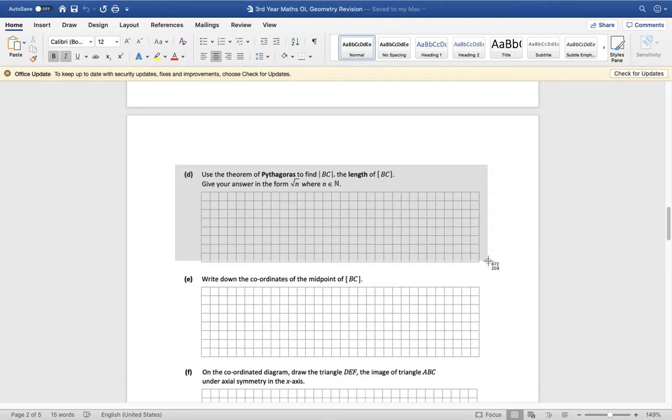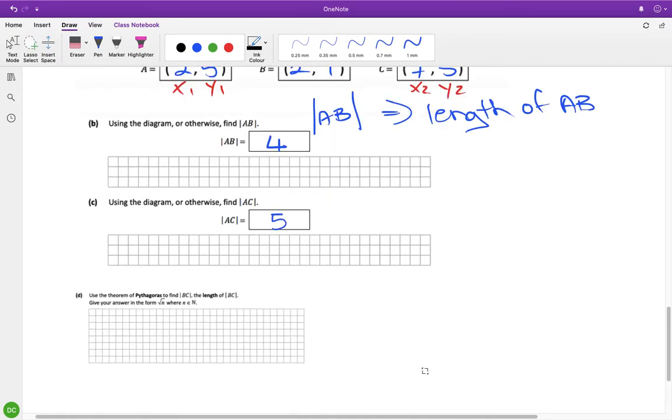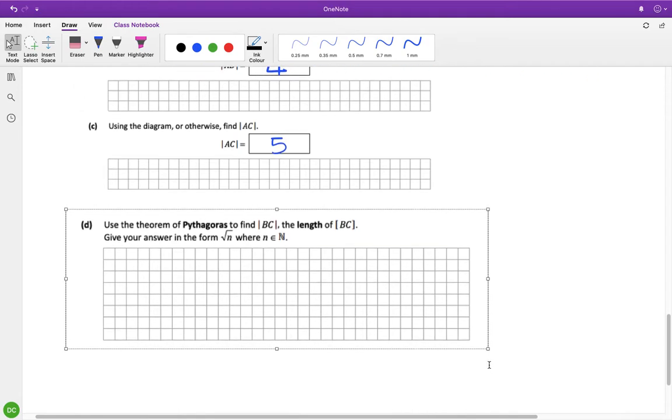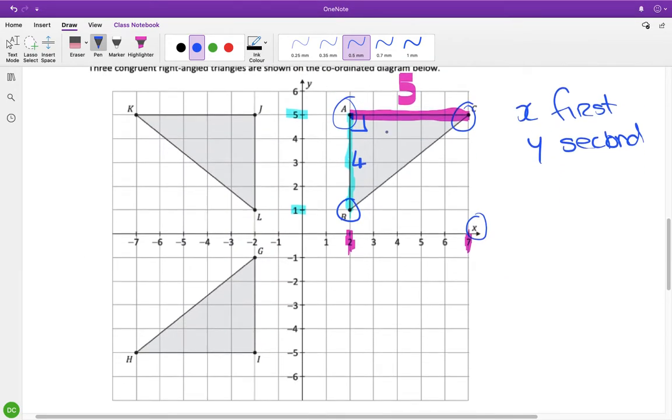Then it says to use the theorem of Pythagoras to find the length of BC. So that was the stuff that I kind of started with there. Okay, so this is the hypotenuse, which is C. This one up here is opposite, and this is adjacent. Sorry, I have those letters all wrong.